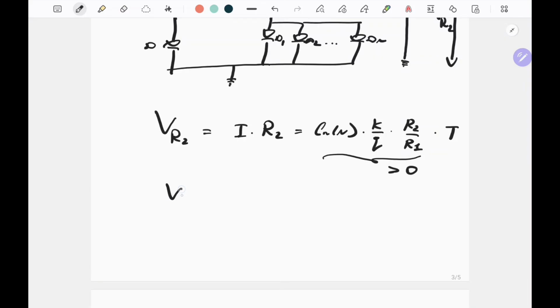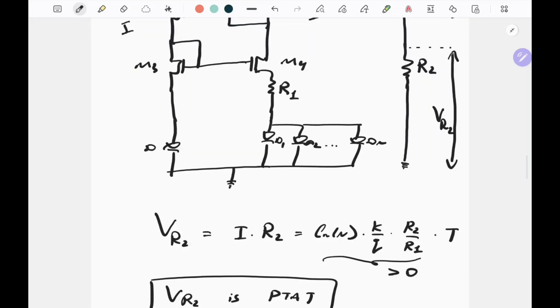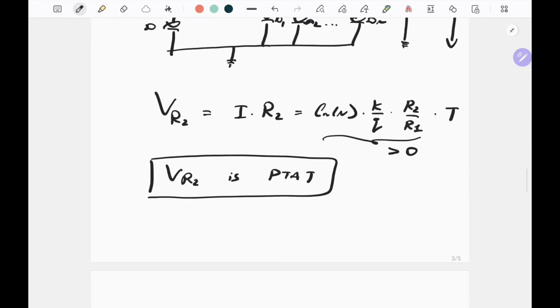Therefore, the VR2 is a PTAT voltage reference. And again, the VR2 is the voltage with respect to ground. So we achieved a single-ended PTAT voltage reference.